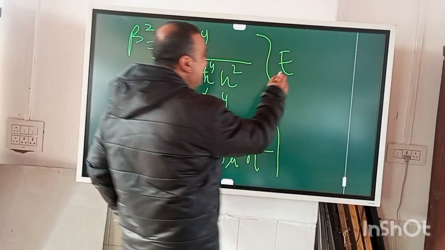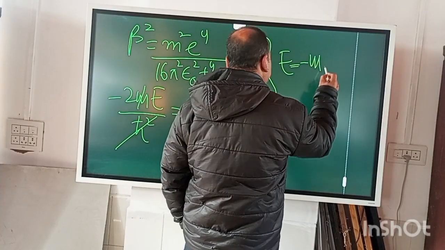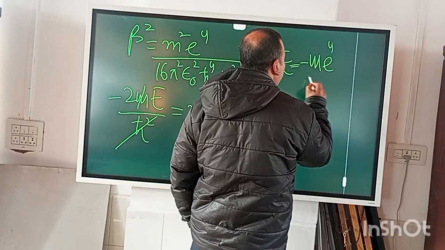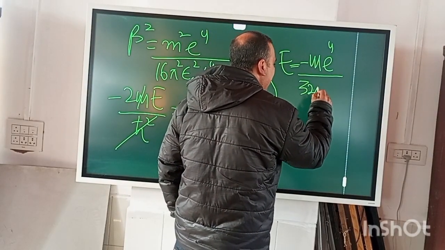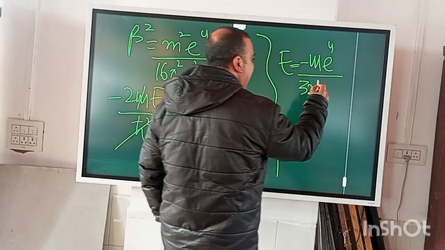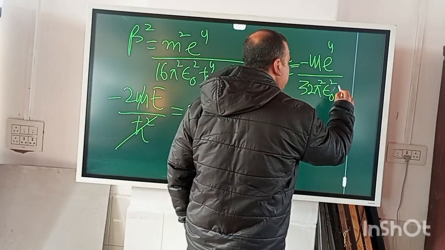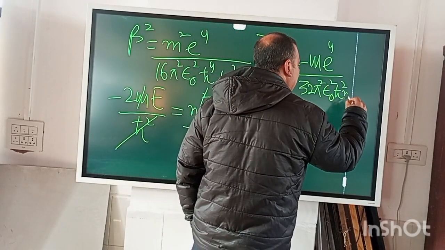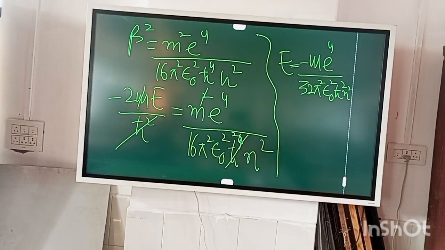So what will be E? It will be minus m e to the power of 4 divided by 32 pi squared epsilon naught squared h bar squared n squared.